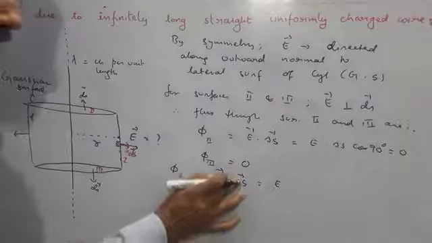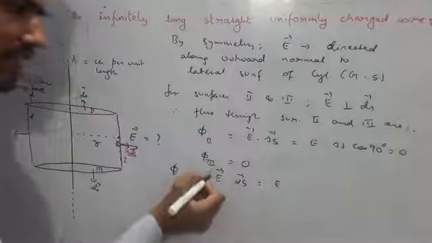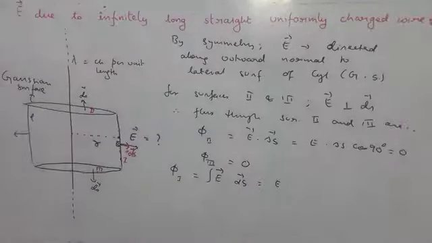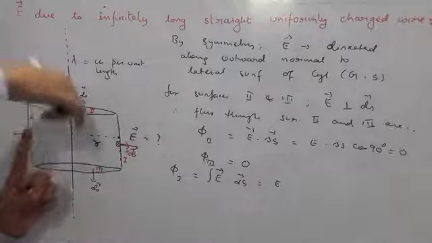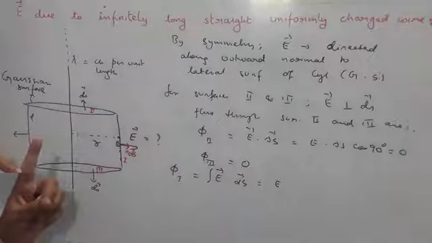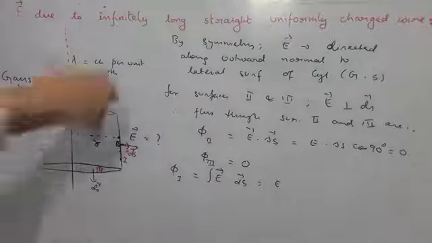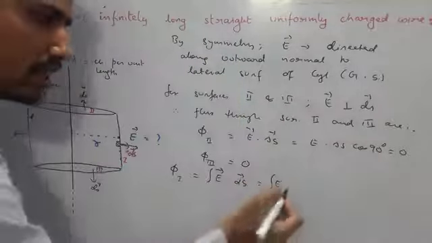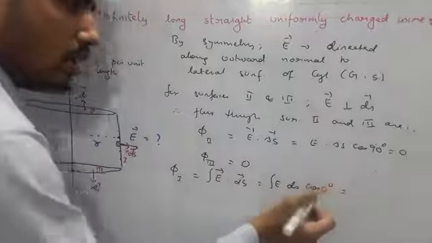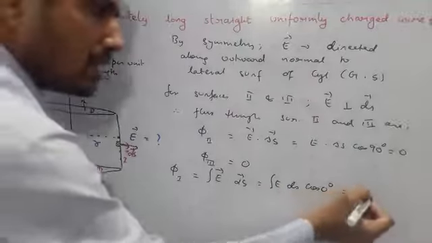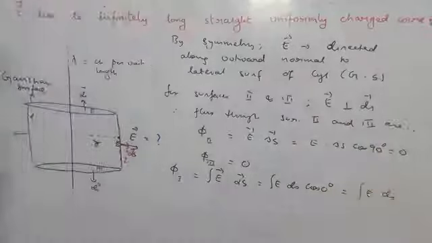So I can write dS, and then I'll integrate over the entire surface. Wherever elements are taken, the dS vector and E vector will always be in the same direction. So this becomes the integral of E into dS into cos 0. Cos 0 becomes 1, so this becomes the integral of E into dS.